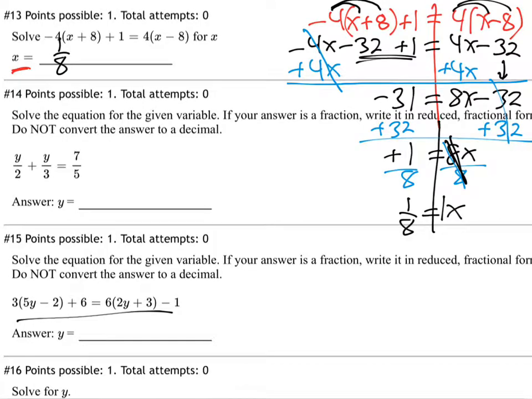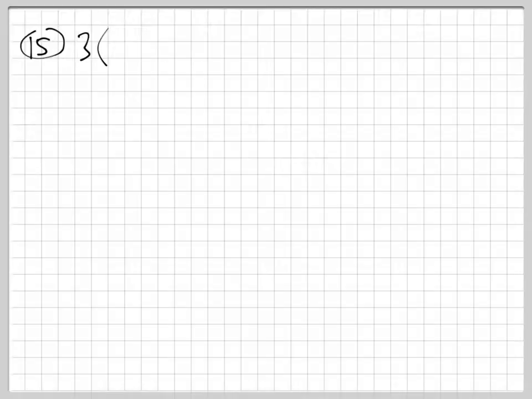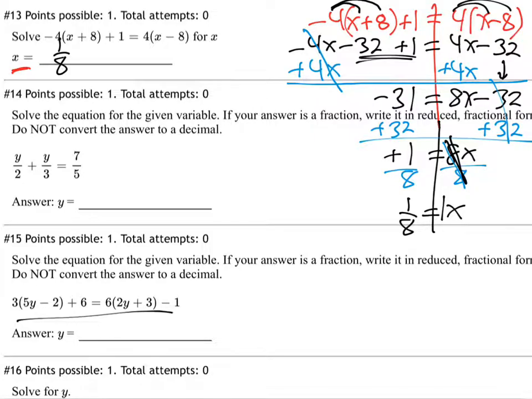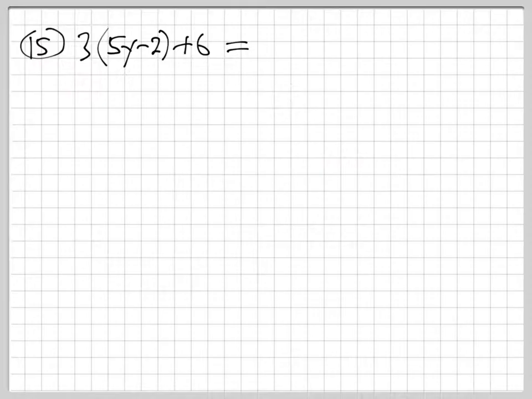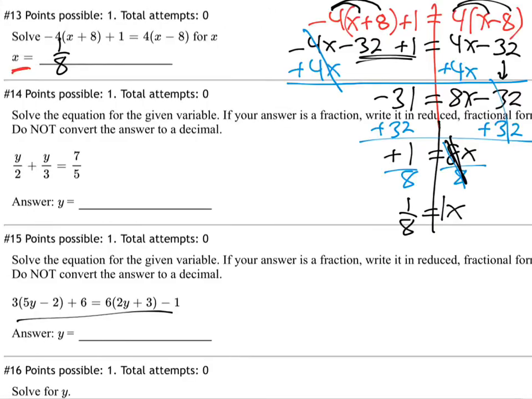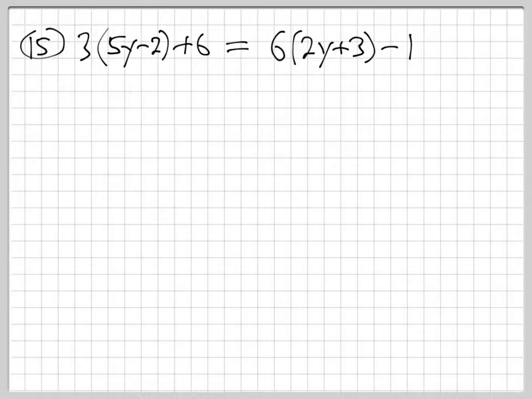Number 15: 3, 5y minus 2 plus 6 equals 6, 2y plus 3. Is it minus 1? Yeah, minus 1. All right, there we go. So let's try that one. That's number 15, and we'll come back to 14.